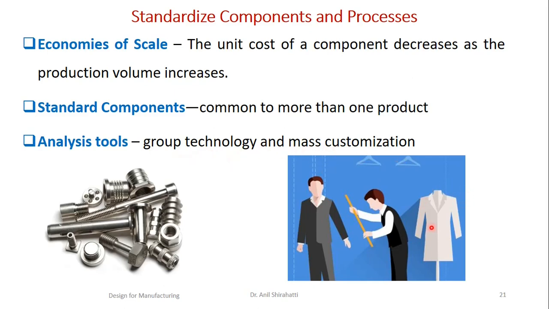For example, a person fitting in M, 41 or anything between 40 and 42 size, will directly use size 42. Anyone having, say, size 43 has to go for 44. So you are reducing the number of sizes. Like this we have small, medium, XL, double XL. Whoever comes in between has to go to the next size. That is nothing but group technology and mass customization.